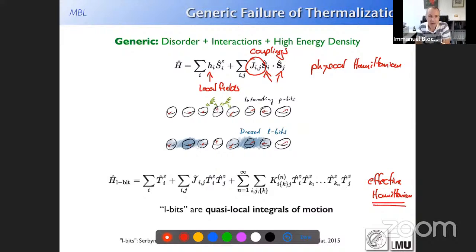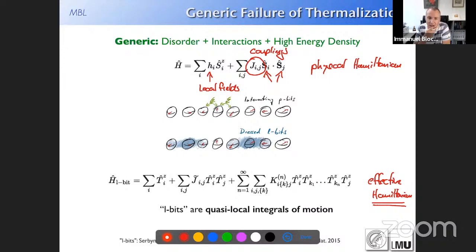And this effective Hamiltonian doesn't contain the original spins, the so-called physical qubits, but it contains the so-called logical qubits, the L bits, which again we can think of as, for example, spins with tau x, tau y, tau z operators, similar to Sx, Sy, Sz operators.